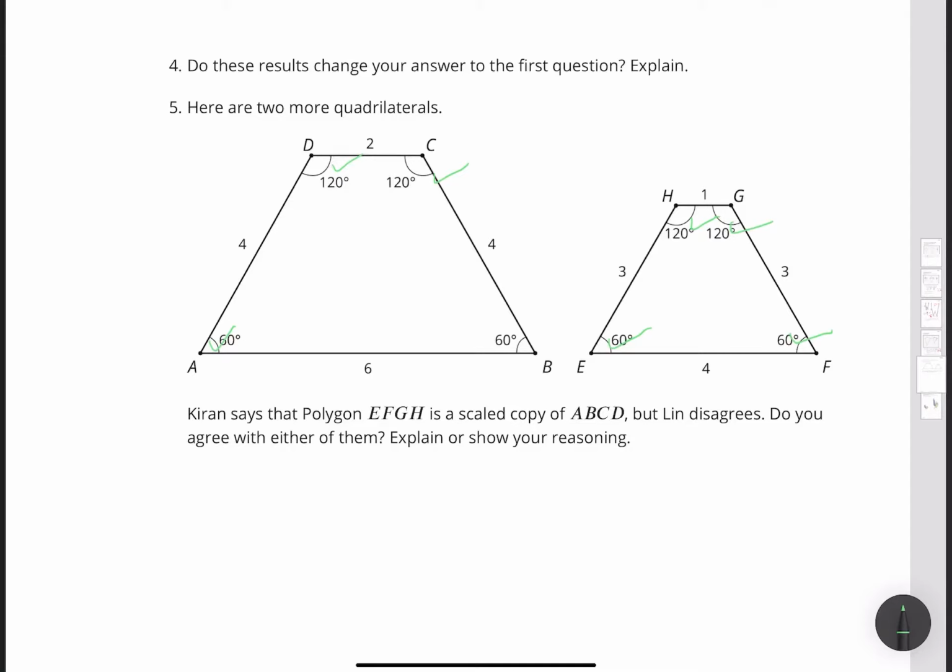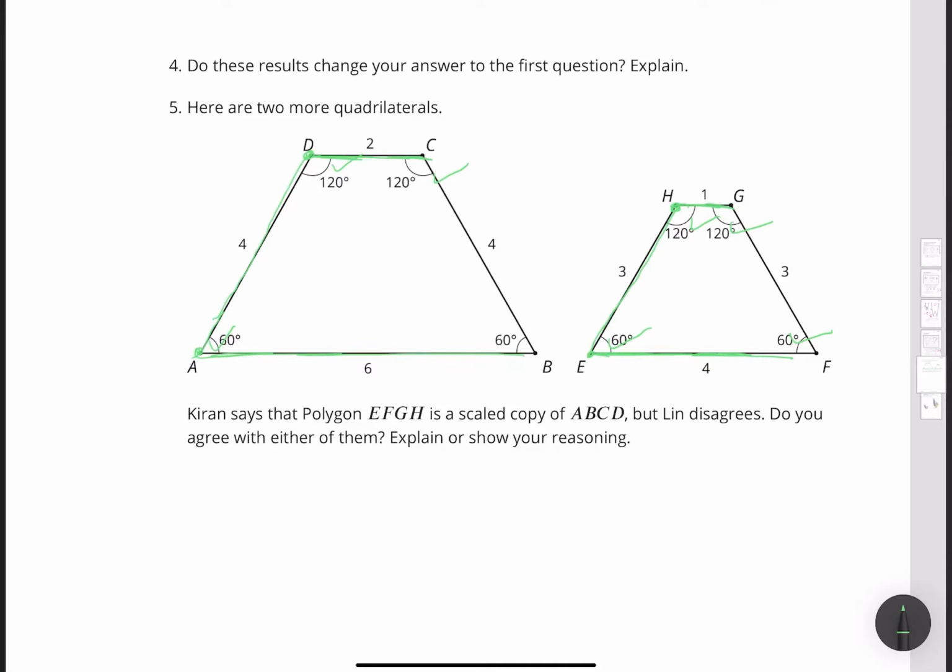But we can determine if it's a scale copy by looking at its corresponding segments, which we could do by looking at segment AD to segment HE. We could look at segments 2 to 1, 4 to 6, and 3 to 3.